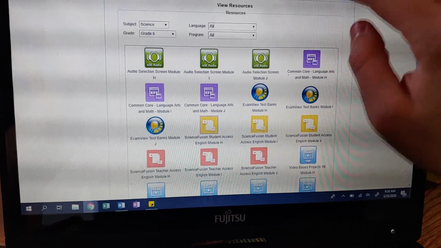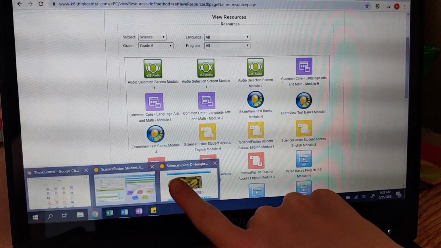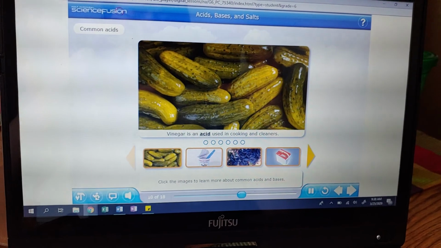We see or use acids every day. Click the images to learn more about common acids and bases.